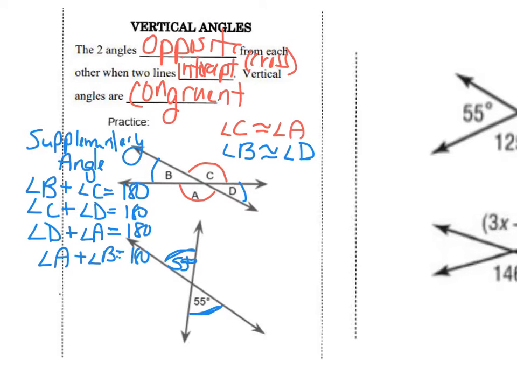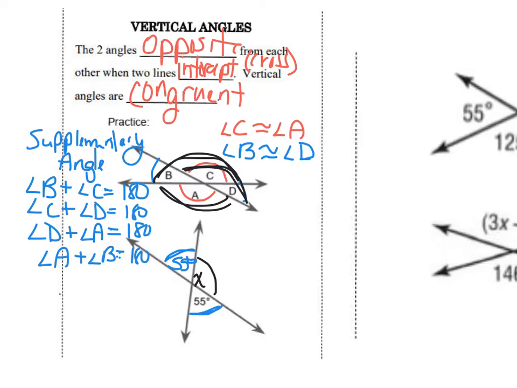Okay, so if I know that those angles are supplementary, then what would be this measurement? Supplementary angles equal 180 degrees, right? So I just told you that B and C are supplementary here. C and D are supplementary.